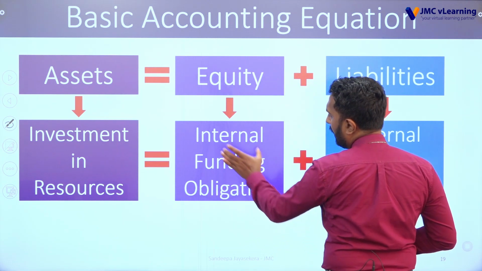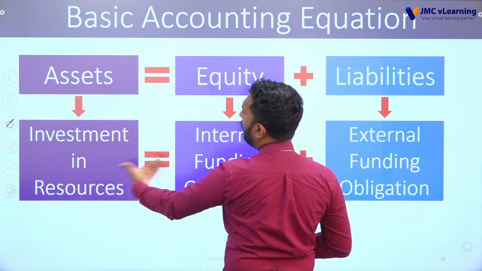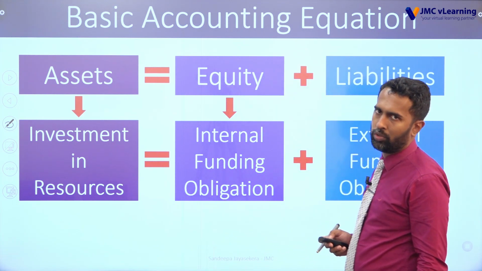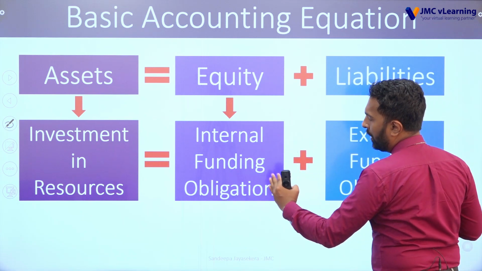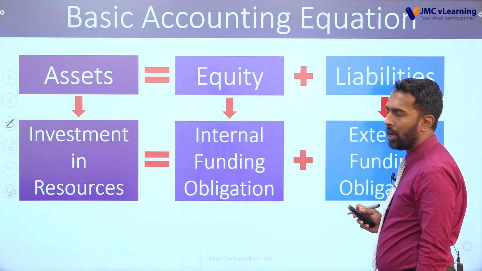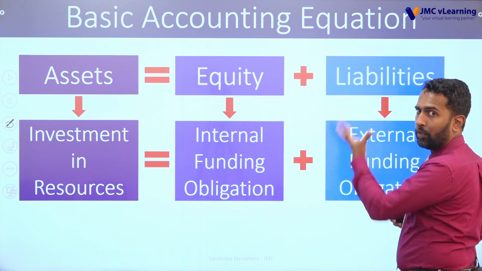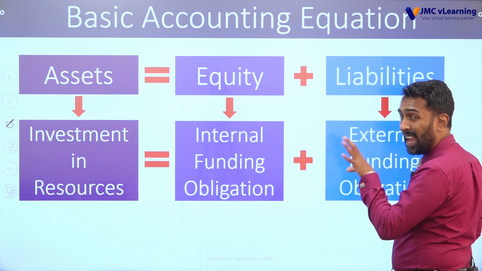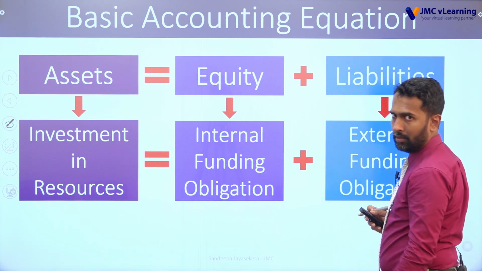And this financing, internal and external, we are making equal to the investment in resources, right? Basically, this side shows how we got money. Think from the point of view of a business: how we got money from the owners, how we got money from the external parties. And the other side, the assets, shows where we have invested that money.